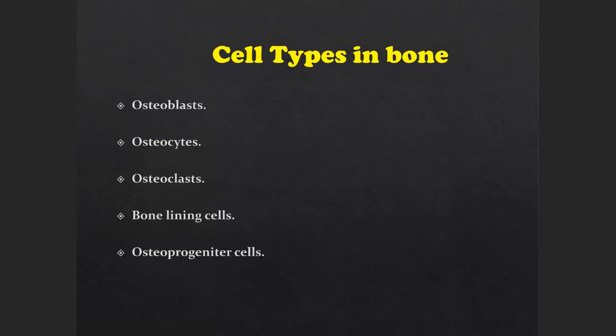So they eat the bone. Osteoblasts and osteocytes help in the formation of the bone. Osteoclasts help in the destruction of the bone. Now there are also bone lining cells and osteoprogenitor cells. Whenever the term progenitor comes, it means they have the capacity to transform into osteocytes or osteoblasts, and then they help in the formation of the bone.